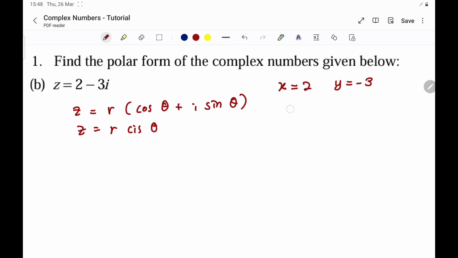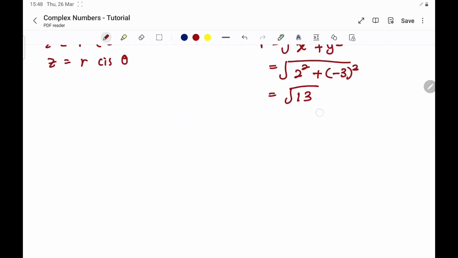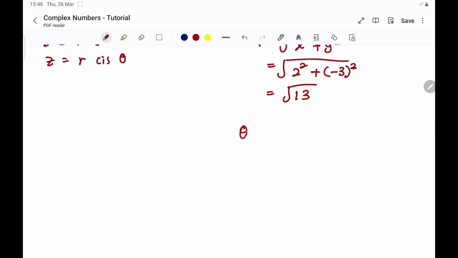From this you will get r, which is the square root of x squared plus y squared. So x squared is 2 squared plus negative 3 squared, and in total you will get square root 13 also. Now do we have theta? No, not yet. So theta is equal to inverse tangent of y divided by x.